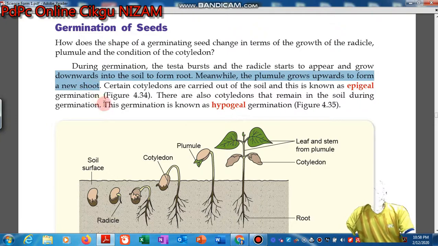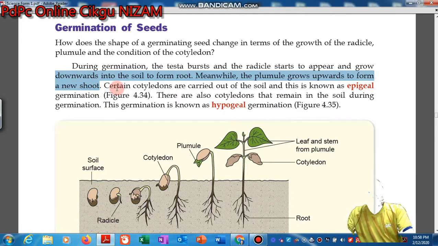This is what I explained to you last week: the radicle will grow and form a root, while the plumule will grow and become a new shoot.